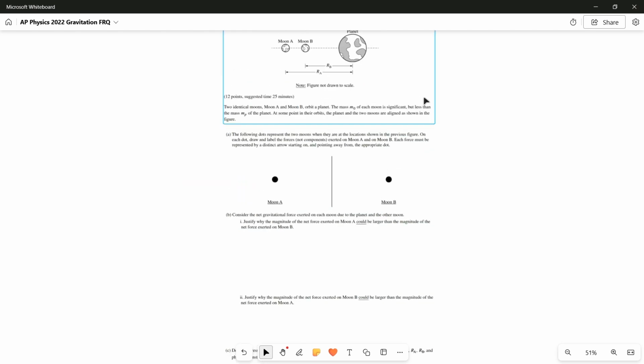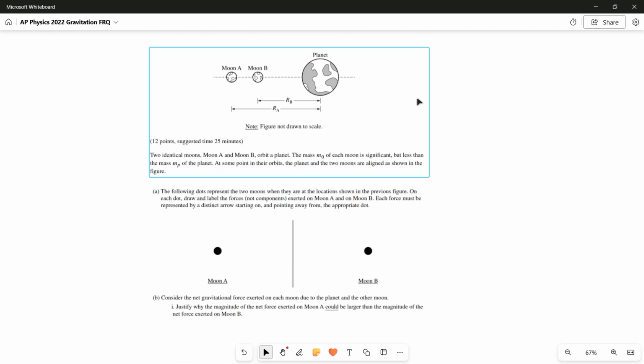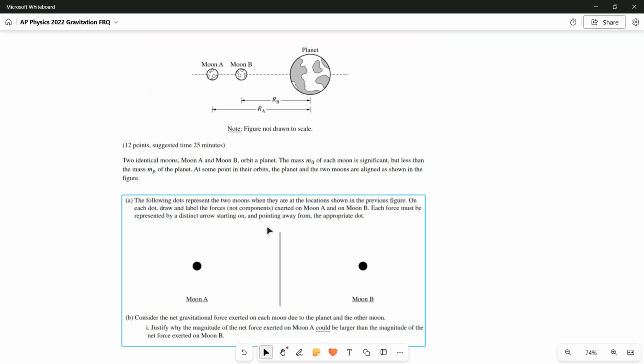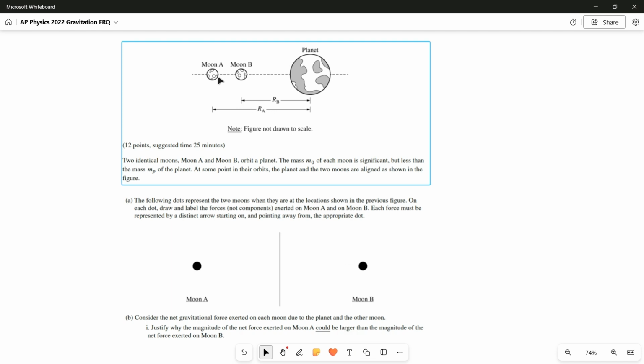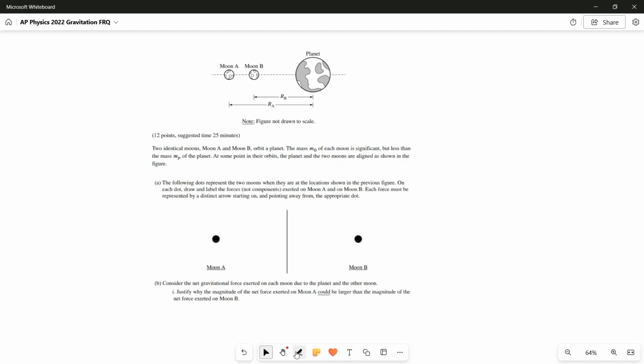All right. So for part A, we have to draw the free body diagram of the forces exerted on Moon A and Moon B. Well, this should be relatively obvious. Moon A will be attracted to the right by vectors of the gravitational force by Moon B and the planet. So we'd be drawing two vectors here.